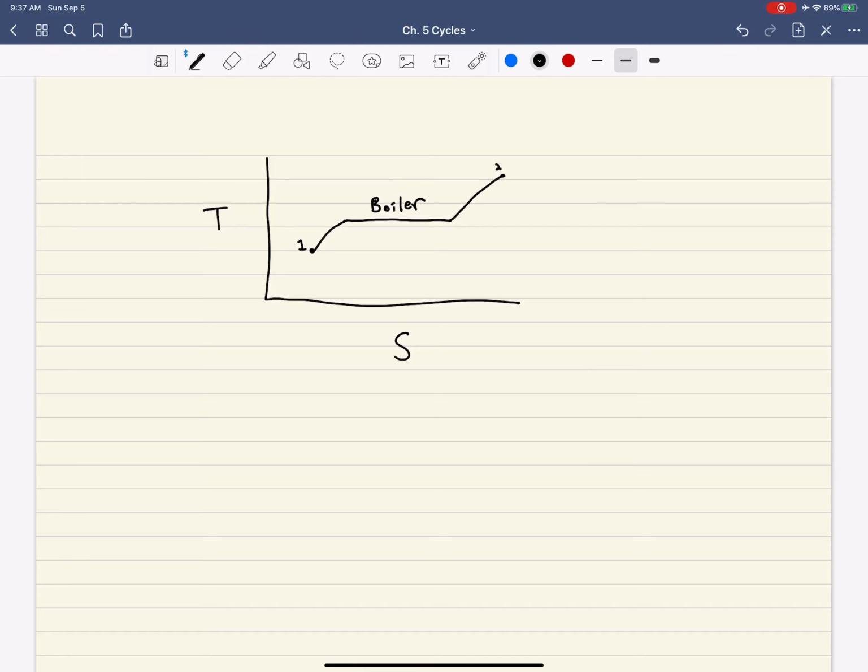Then in the turbine, the point of the turbine is it depressurizes that vapor and also decreases its temperature. But it's done in an adiabatic manner or an isentropic manner. So while the temperature drops, the entropy stays the same. Then that low pressure vapor goes through the condenser where it's just completely turned into a liquid. So because of that phase change, the entropy changes. But this is all done isothermally, so the temperature does not change.